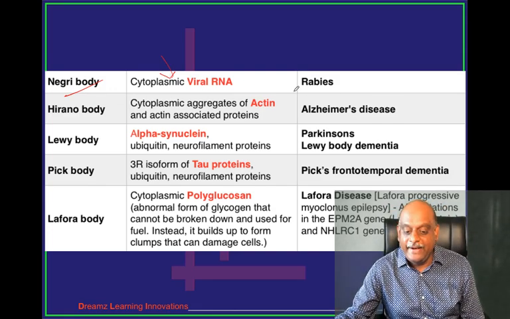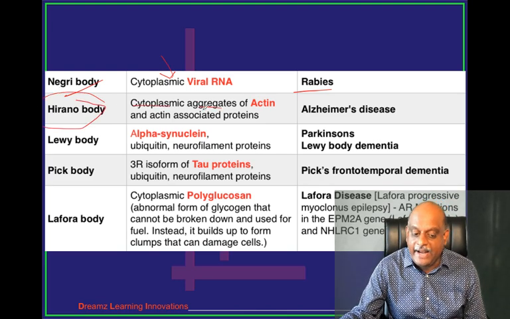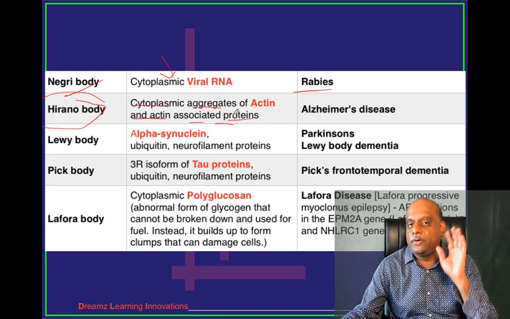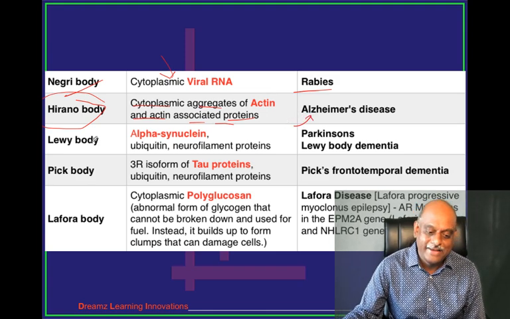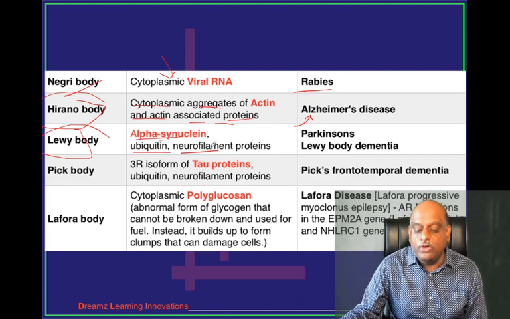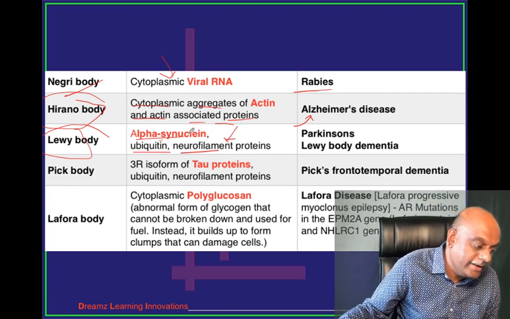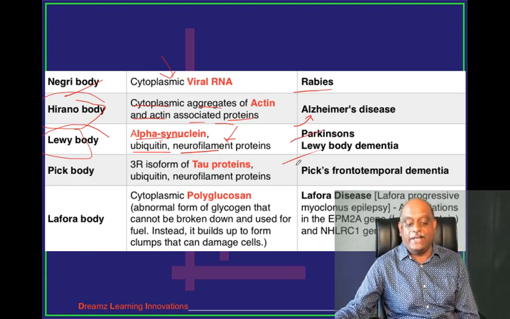Right? Hirano bodies are cytoplasmic aggregates of actin and actin-associated proteins. In Alzheimer's disease, you find Hirano bodies. Lewy body: alpha-synuclein, ubiquitin, neurofilament proteins, and typically they are seen in Parkinson's and Lewy body dementia.